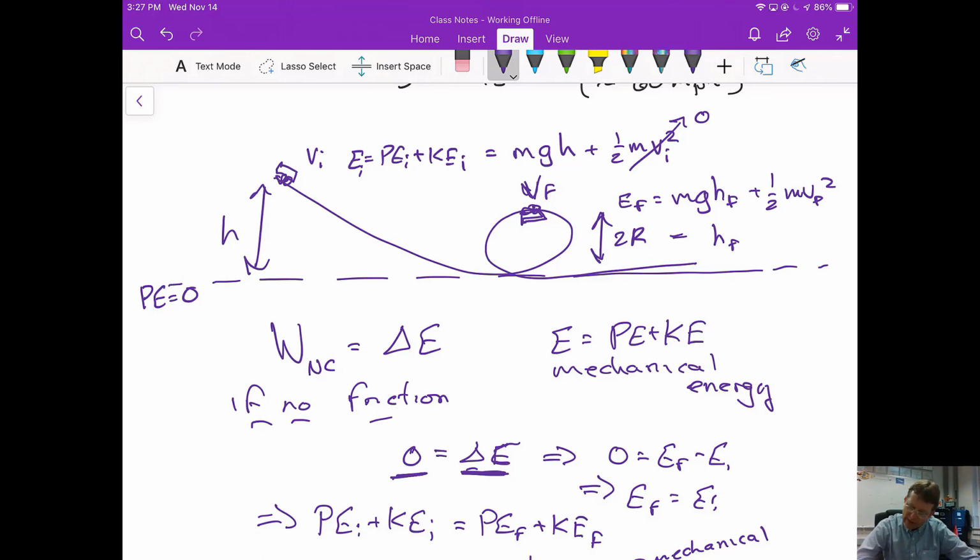So that's the final potential energy. I keep saying the wrong word. So E final is potential energy final plus kinetic energy final, which is mgh final plus 1/2 mv final squared.